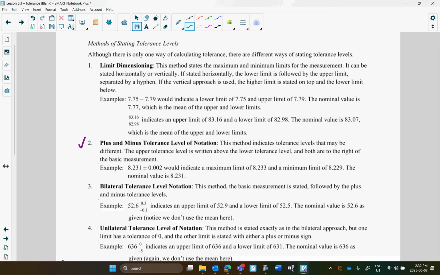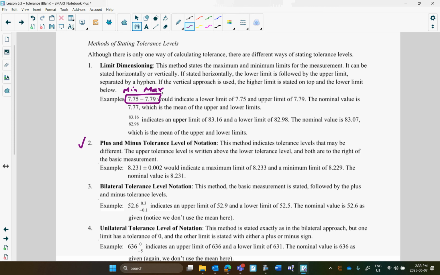If we had one that looked like this, we're saying that the minimum is 7.75 and the maximum is 7.79. Notice we're not given the nominal value, but we can find it out. All you do is add these two numbers and divide by 2 to find the nominal value. Or in other words, it's the mean, the average of the upper and lower limits.